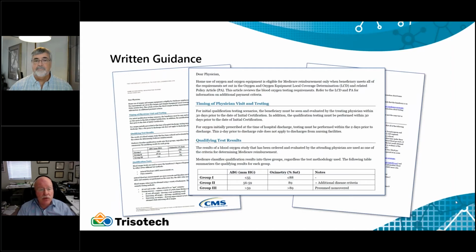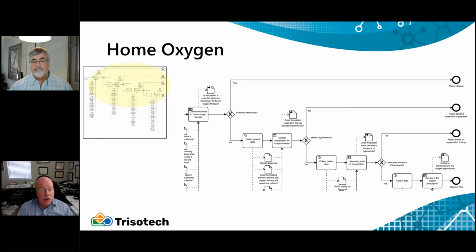Next slide, please. As shown in the previous webinars, this knowledge can be modeled in a BPMN model, as shown here, where the whole model is on your left, and then a closer view is to your right. Basically, the rules consist of various tasks and processes, decisions that need to be made, such as: are there contraindications?